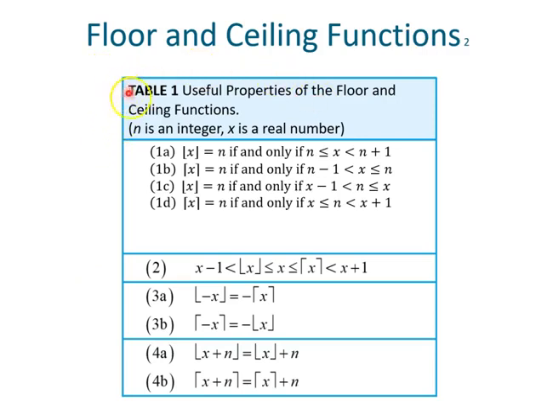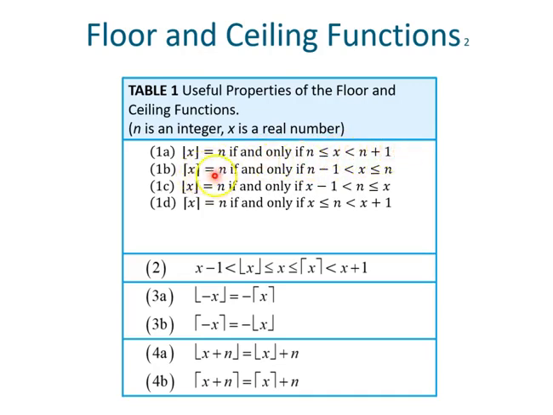In this table, we have some useful properties of the floor and the ceiling functions. Here, n is an integer and x is a real number. The floor of x is n if and only if n is less than or equal to x and strictly less than n plus 1.